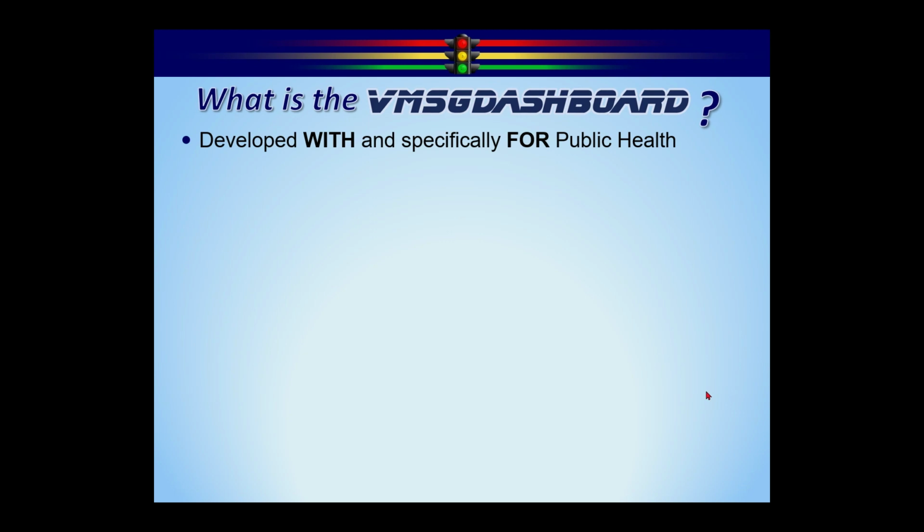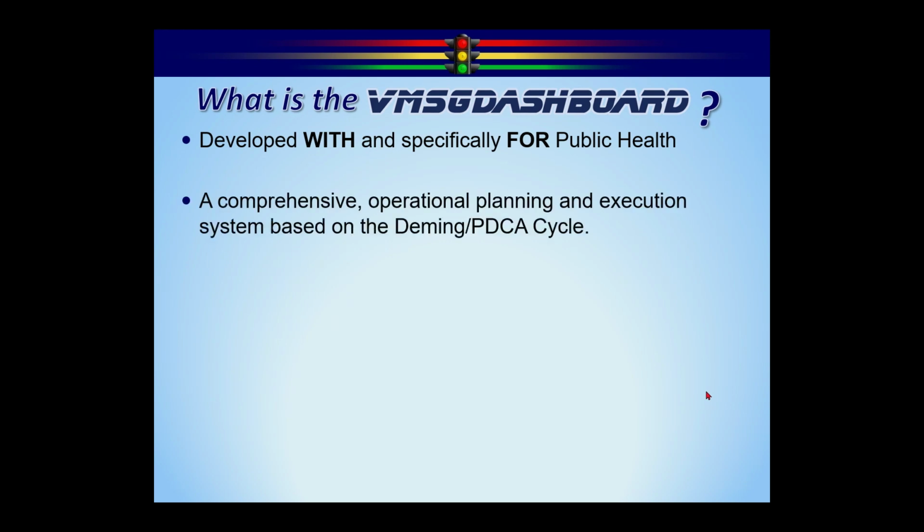It was developed with and specifically for public health. We've been working in public health for about 21 years now, and we were given the task as a consulting organization to develop an operational planning and execution system for the health departments here in Arizona.